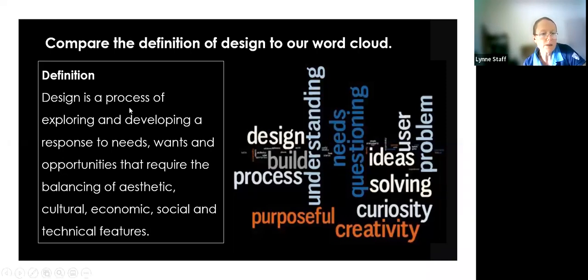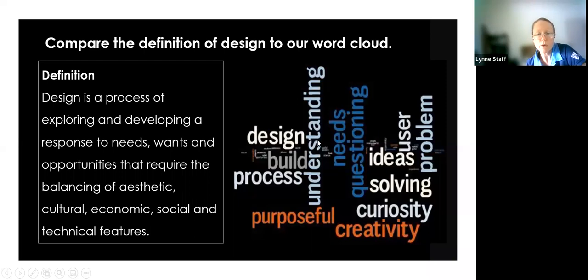Okay, so next is developing a response. What do we think that means, developing a response to the needs, wants, and opportunities? So we've done our investigation, we've explored what the problem really is, and now we want to develop a response. Yep, that could be our problem solving over here. We could be working at understanding.